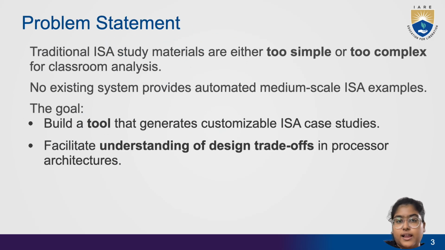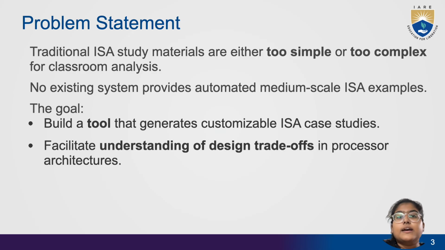One of the main challenges in teaching or researching ISA design is that existing examples are either too simple or too advanced. On one side, you have textbook level examples like small RISC processors, which are easy but don't show real design trade offs.